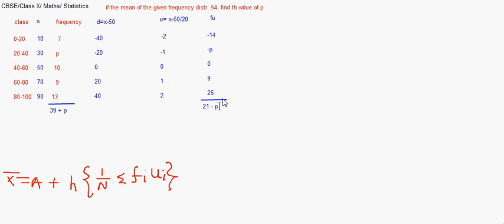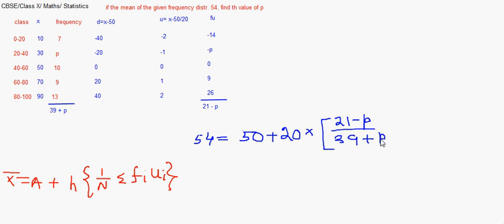Now we replace this in the formula we have written here, because mean was given to be 54. This is equal to A, that was, sorry, 50 plus class interval 20 multiplied by 21 minus p by N, which we got to be 39 plus p.